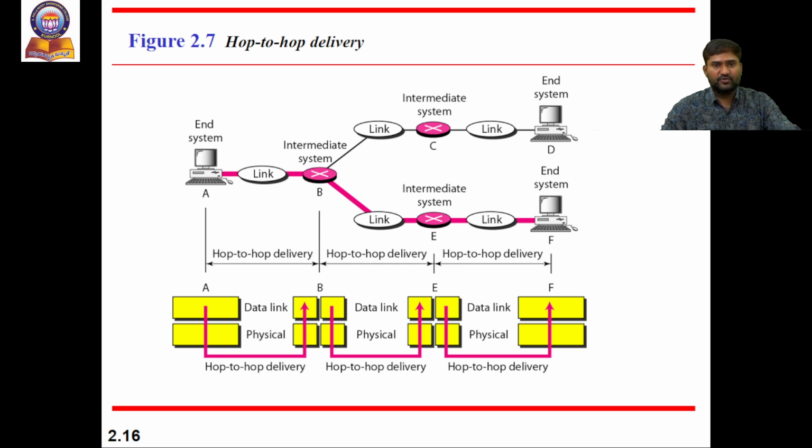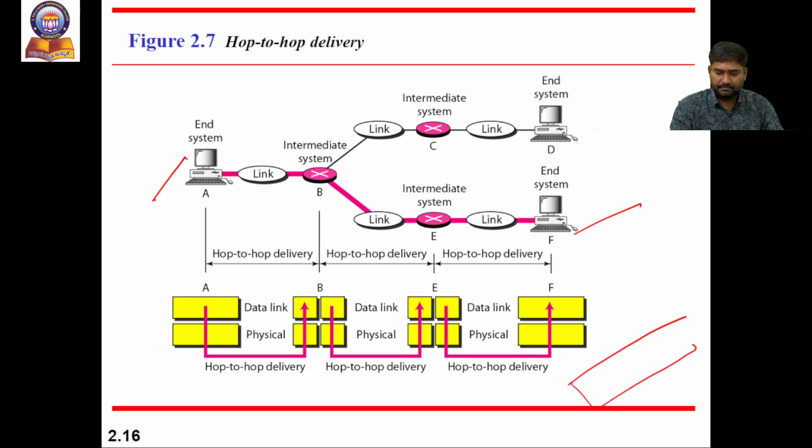I'm going to show you one example here. Right now, A is my source and F is my destination. I'm constructing the packet. It's my original content. Here is a source field and a destination field. In the source field and destination field, what should I add? A is the source by default. And for the destination, can I add F or can I add B?